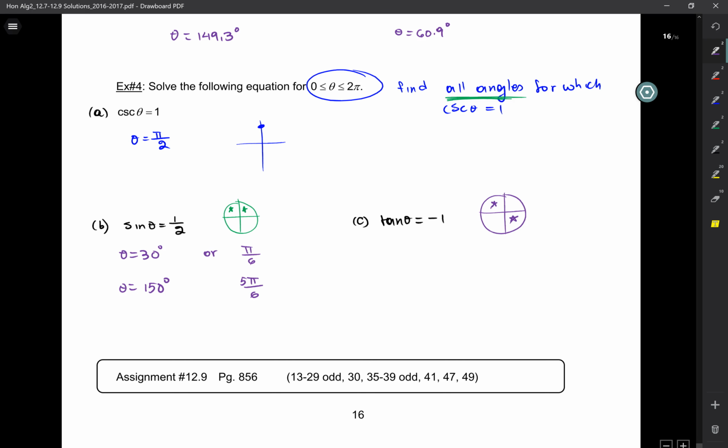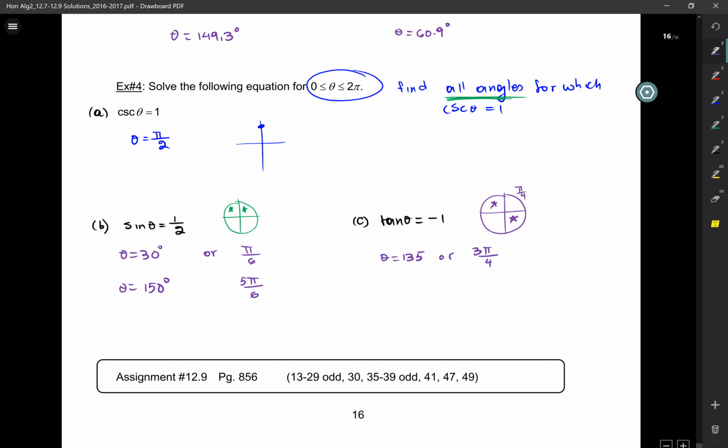Now, it has to be between 0 and 2 pi. -45 doesn't fit there. So what's the equivalent of the 45 degree angle in the second quadrant? 135, or in pi over 4s, 3 pi over 4.